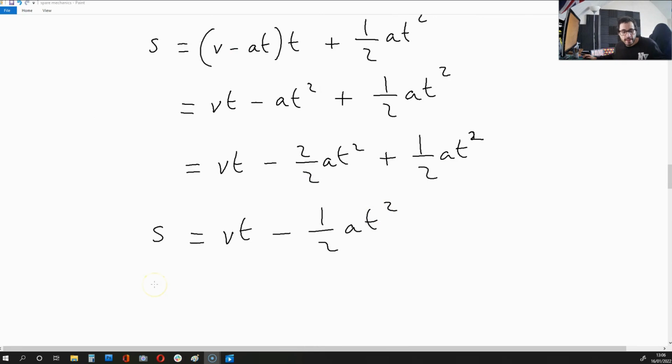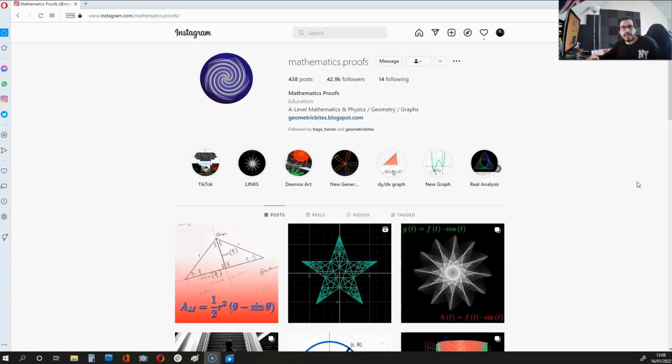You're going to encounter these equations in A-level mechanics, mathematics, okay? These are the formulas you need to know for solving problems about particles moving in a straight line with constant acceleration.